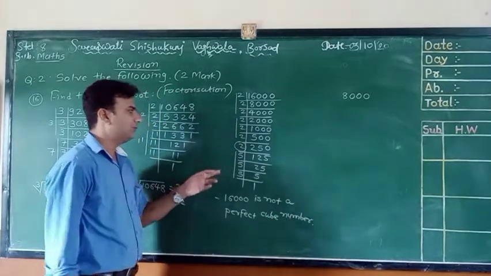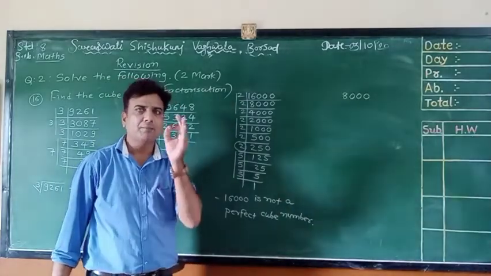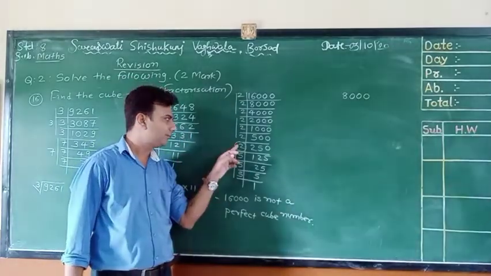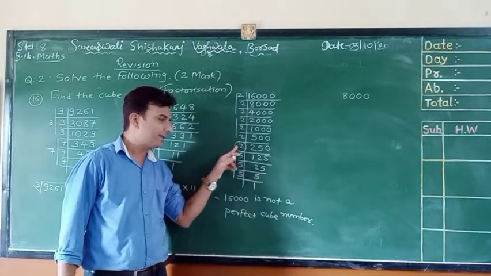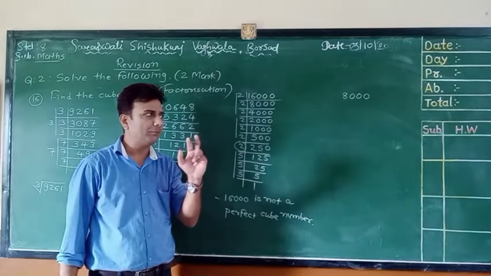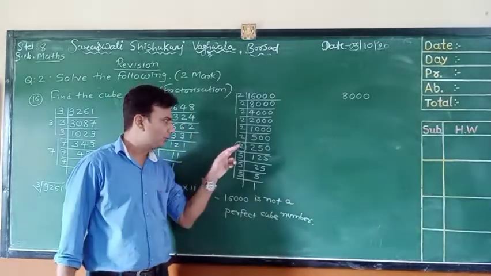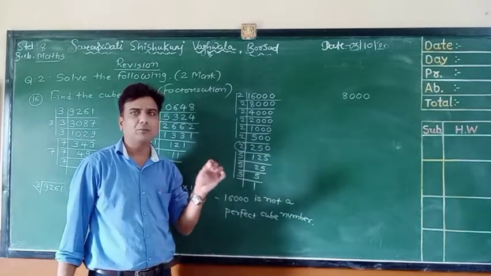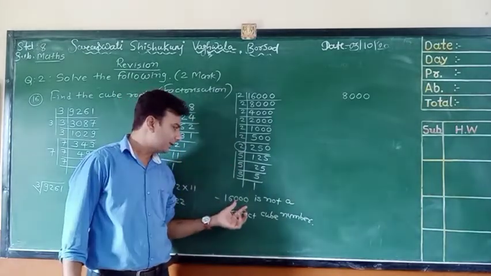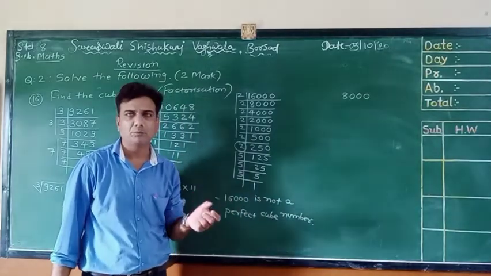Okay, and if we want to make this 16,000 a perfect cube number, we can multiply. We require 2 more times. 2 required. So in short, 2 multiplied means 4. 16,000 should be multiplied with 4, then it will become a perfect cube number.